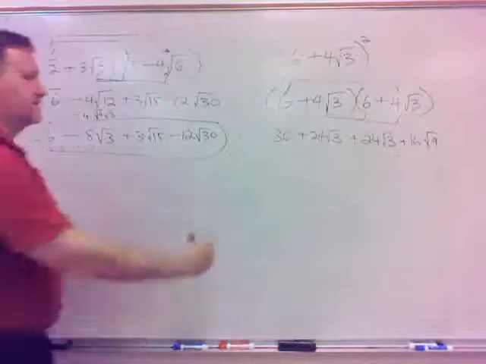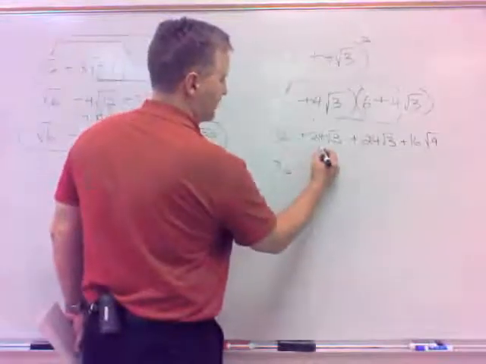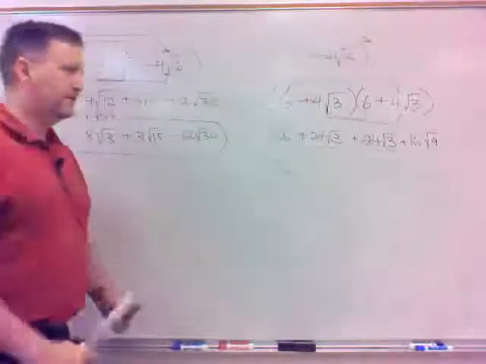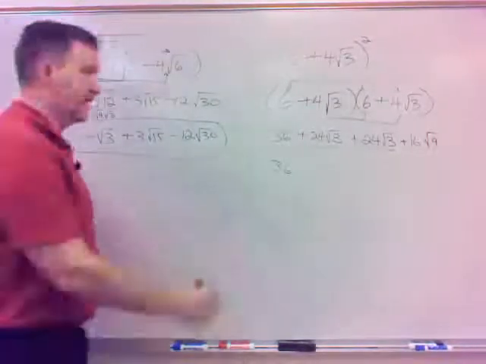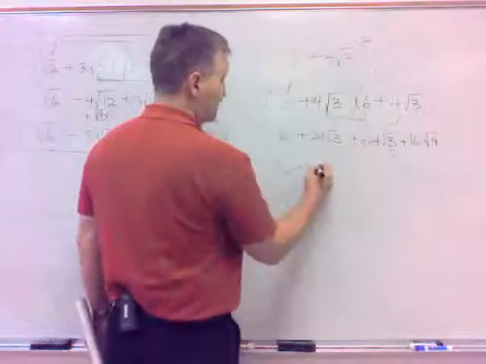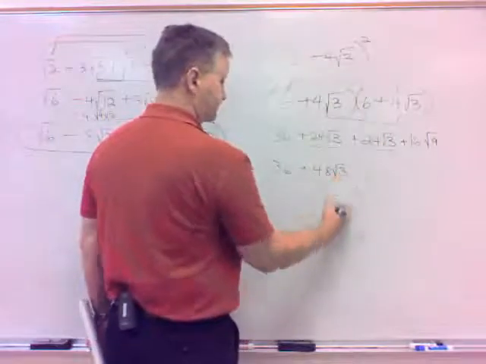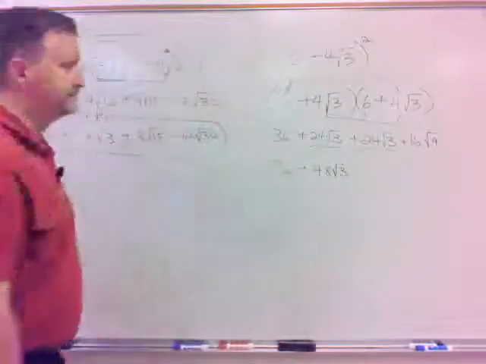So yeah, you wind up with this, and then simplify this because, again, in the middle, it doesn't always happen, but we can combine those, can't we? They're like radicals, so I can add them. So we've got 48 square root of 3 right there in the middle.